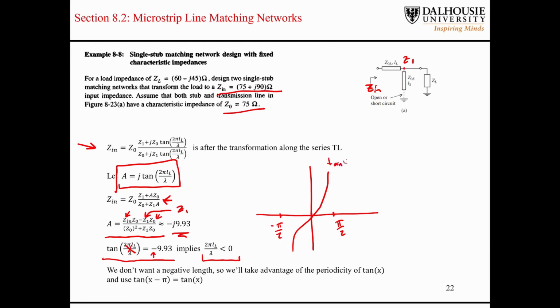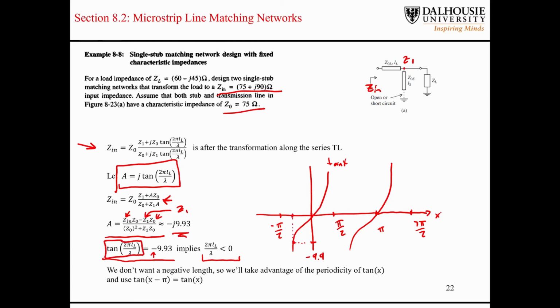So let's say this is the graph of tan of x here. And we know that the tangent function repeats itself every pi. So essentially what we're trying to do is figure out where the tan of x equals negative 9.9.